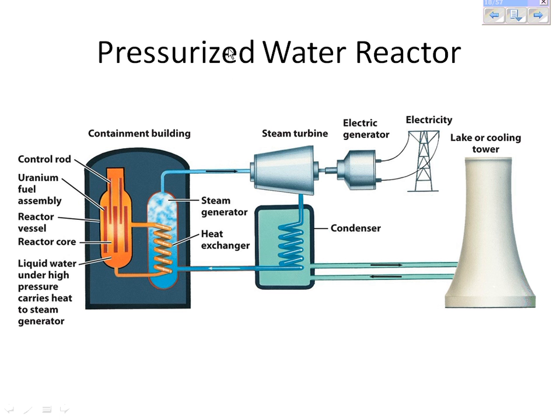So this was the picture that we looked at from our textbook, and this is showing you a nuclear power plant, and you can see this is called a pressurized water reactor, a PWR. And in the United States, there are 65 pressurized water reactors, and there are 35 boiling water reactors.